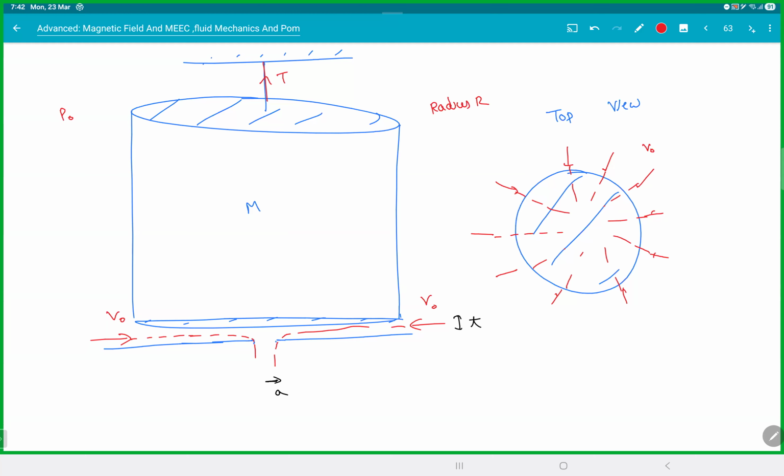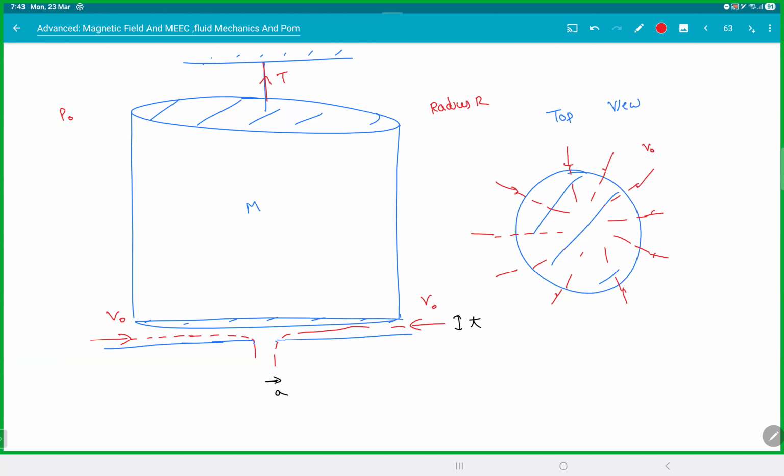Did you understand what the question is? So we have a cylinder and there's a small hole there. The cylinder is on top of that hole. The distance between the floor and the cylinder is t. The liquid started entering in all directions and started going inside with v naught. And the hole has radius a. Then the liquid starts leaving from the hole.